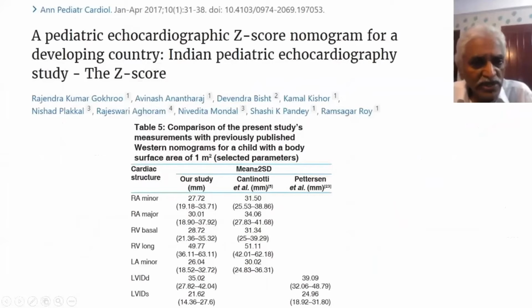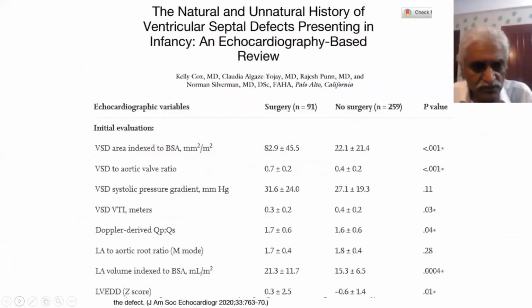The Z-score for the Indian population was also developed recently, and it is seen that LV dimensions are less. In other words, we need our own Z-scores.